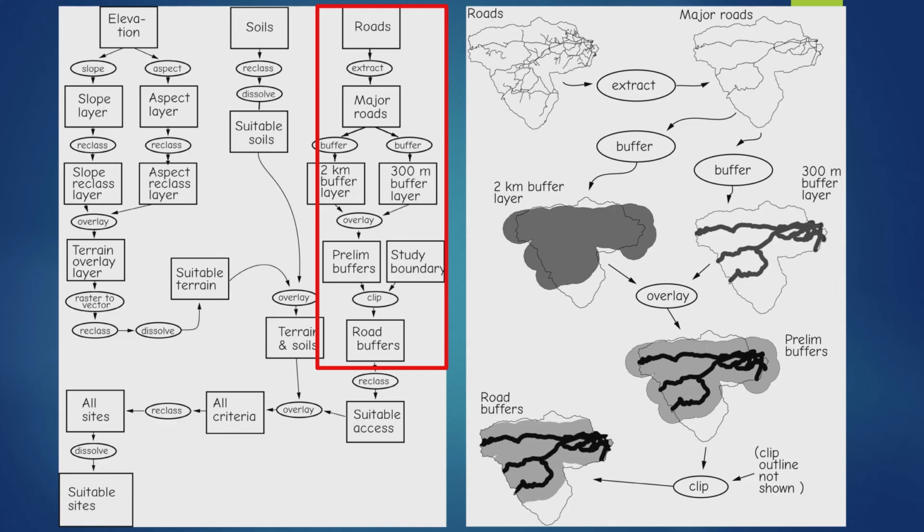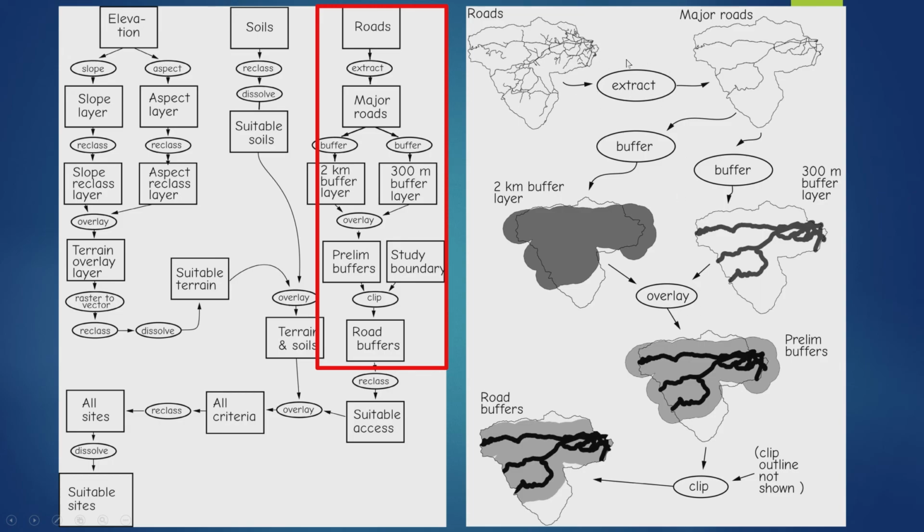In this case, I still think something like an erase would be best, because we're basically saying, let's remove all of the stuff that's within 300 meters, but keep all the stuff that's within 2 kilometers. Anything beyond 2 kilometers, we don't want anyway. So if we did an erase overlay here, it would take out these little noodle areas that are close to the major roads.